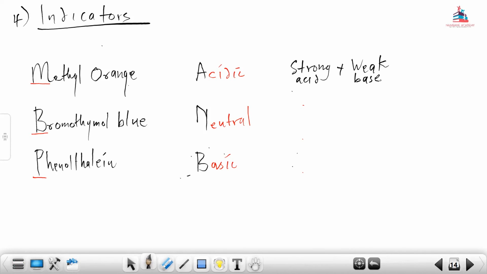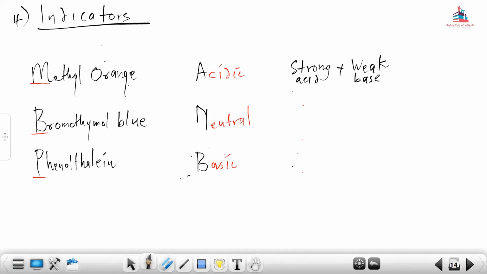But that first line that says strong acid plus weak base, it says basically I need to go to that table that indicates to me which ones are strong and which ones are weak. So if this is the case, that reaction is a strong acid and a weak base, the solution will be acidic and the relevant indicator will be methyl orange.